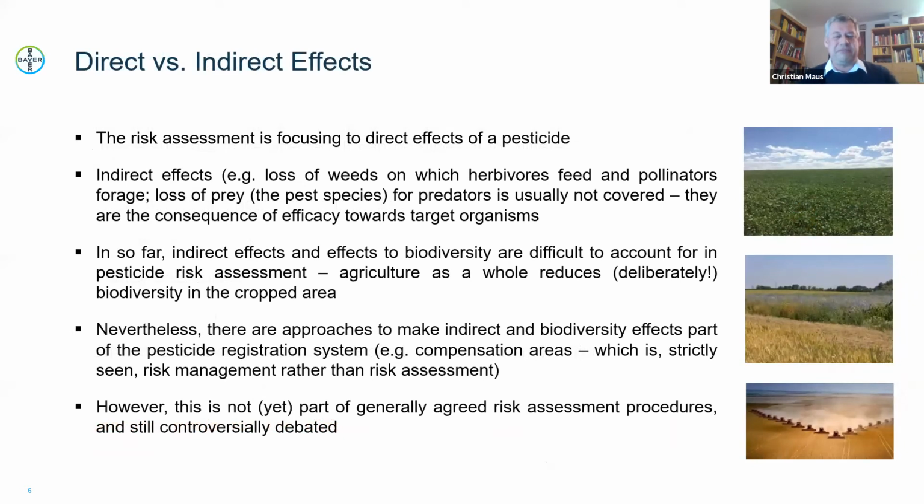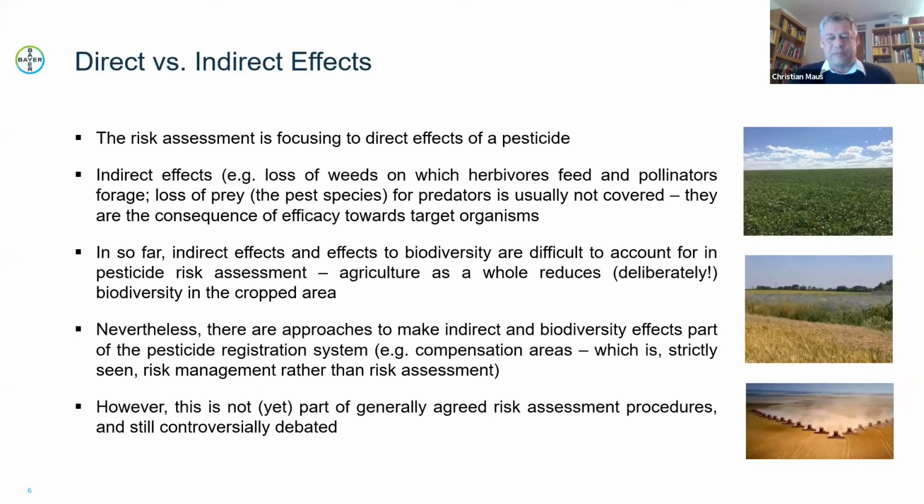Continuing with the effects, one remark about direct versus indirect effects, because that's also an important topic. I need to emphasize that the risk assessment is mostly directed to the direct effects of a crop protection measure, like a pesticide.